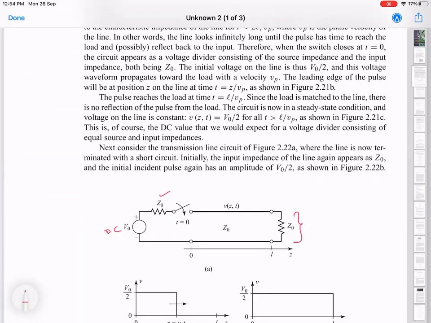What is the voltage that's going to be dropped across this? Remember, this is a DC circuit. What is that also? That impedance is Z0.